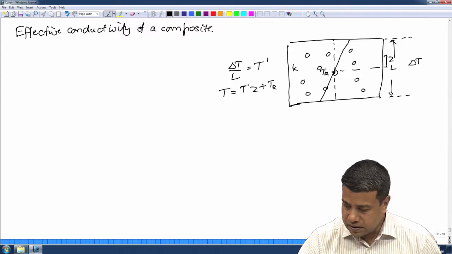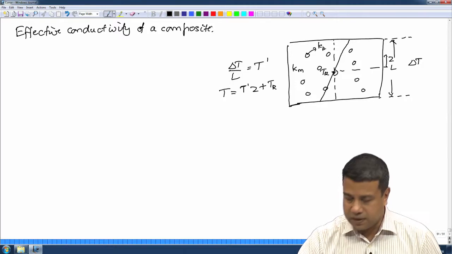The matrix has a conductivity K m and these particles have a conductivity K p.